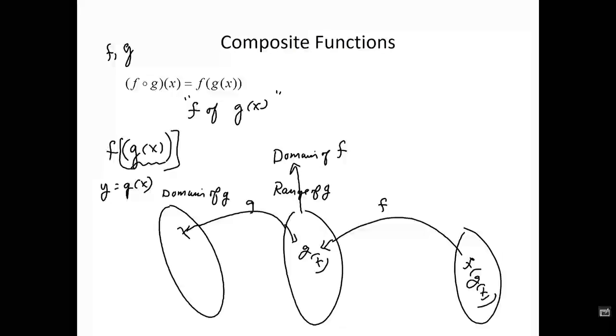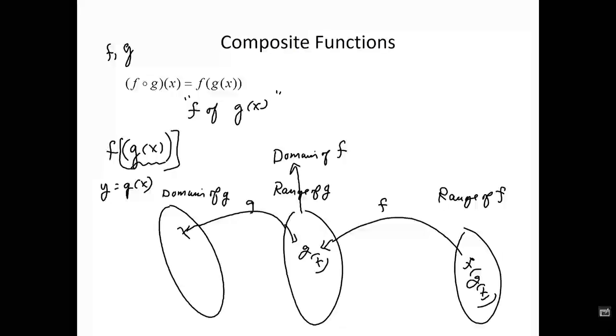And then this set becomes the range, the set of all values in the range of the composition of the two functions. So that's an example of how to illustrate the composition of two functions.